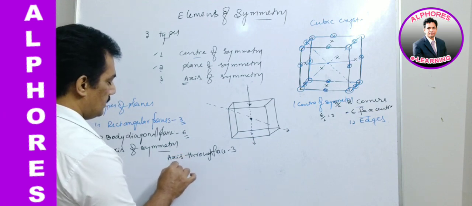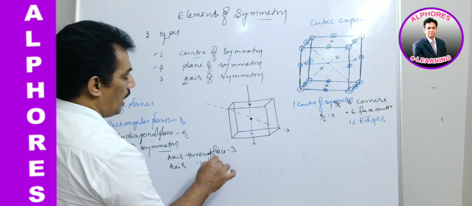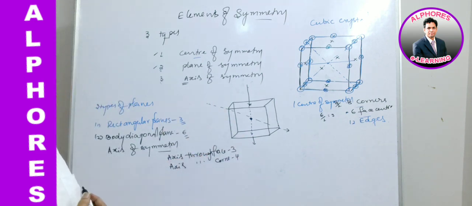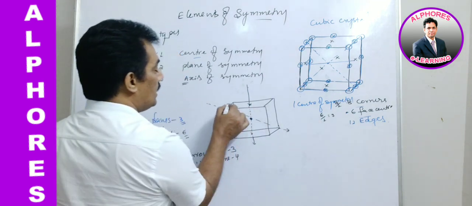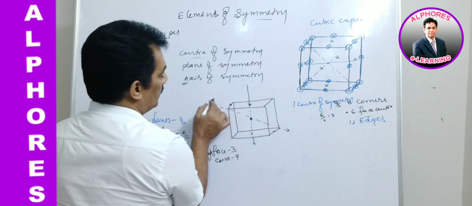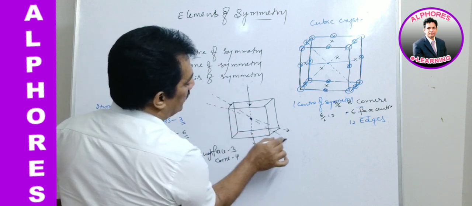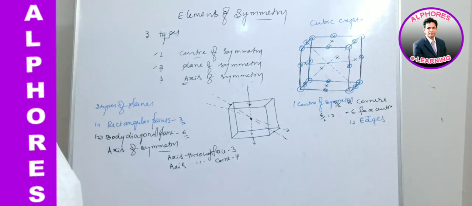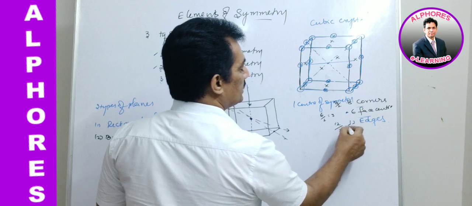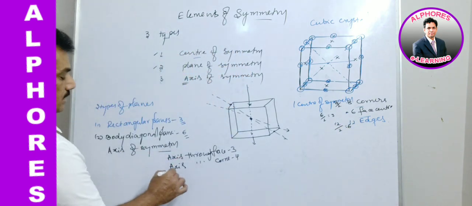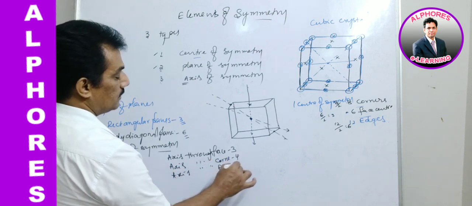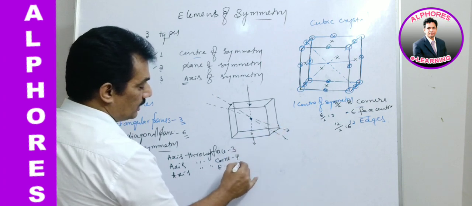So axis through corners will give 4 axes for a cubic crystal. And we can draw axes through edge centers. This is one edge center, this is another edge center. We draw these axes passing through opposite edge centers. Totally here we have 12 edge centers, 12 by 2, that is 6 axes through edge centers.